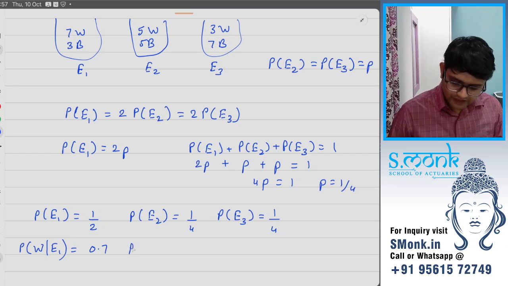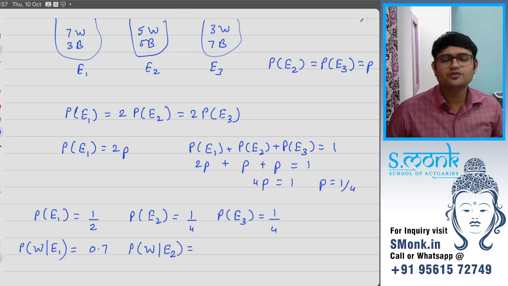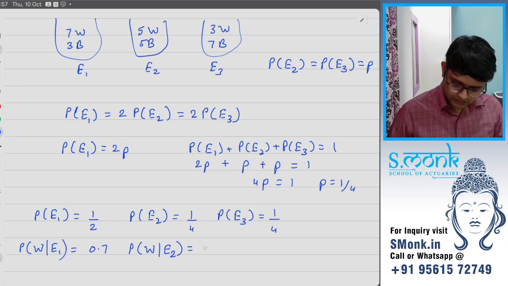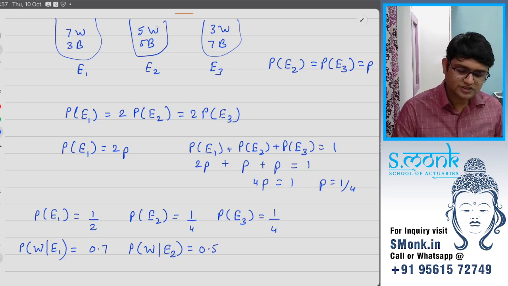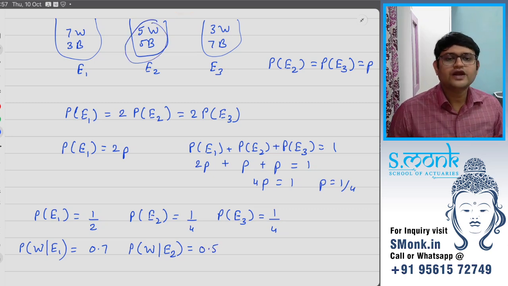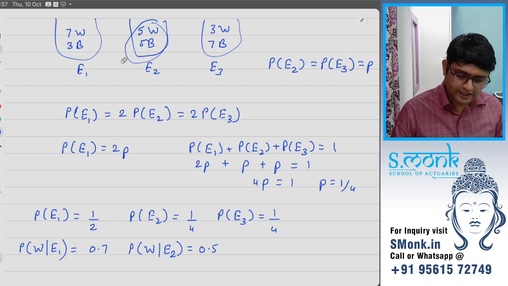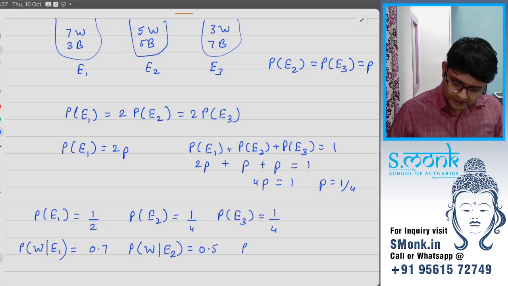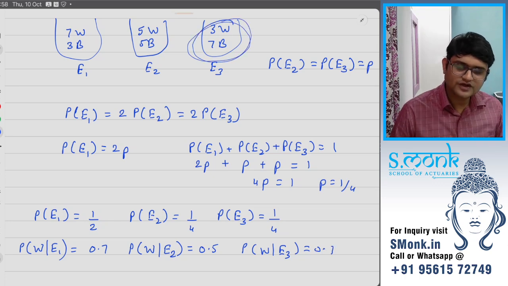Similarly, if I chose the second bag, probability of choosing a white ball would be probability W given E2, and that would be 0.5 because 5 white balls out of total 10 balls. And similarly, probability that I'll choose a white ball given E3 would be 0.7 because 3 white out of 10.